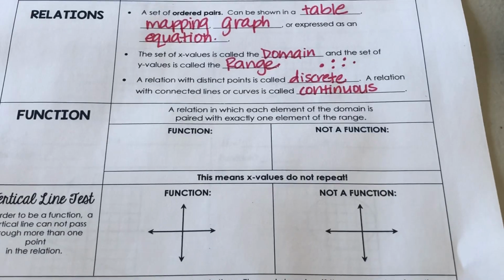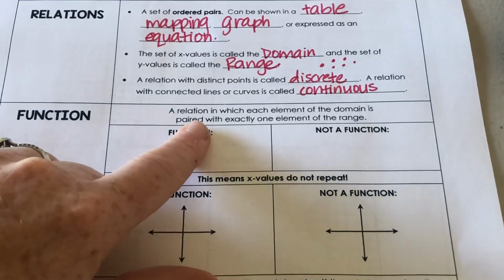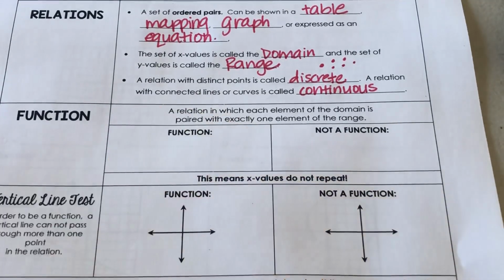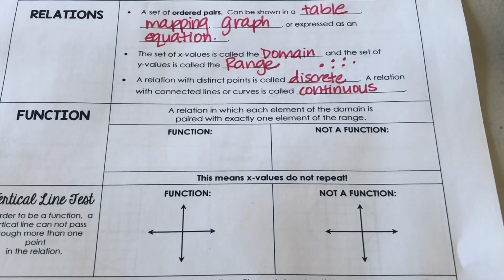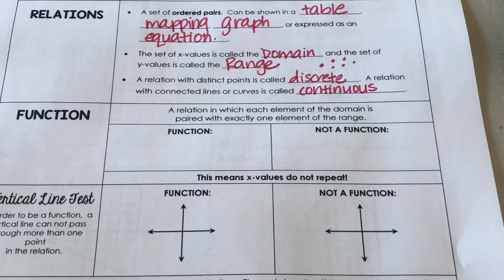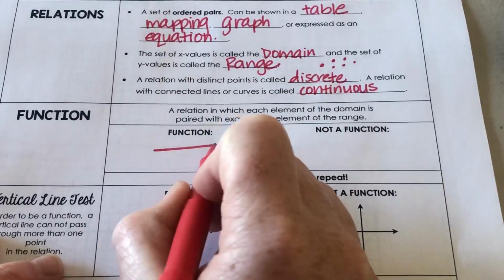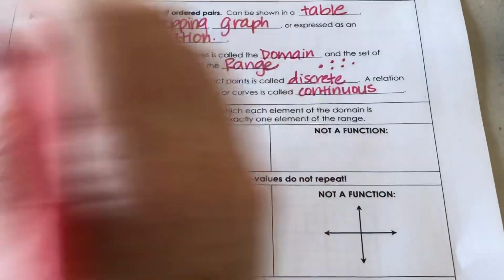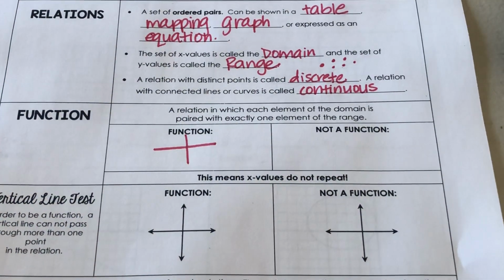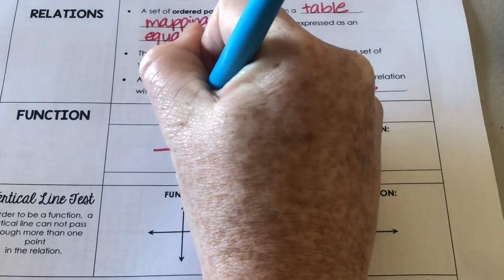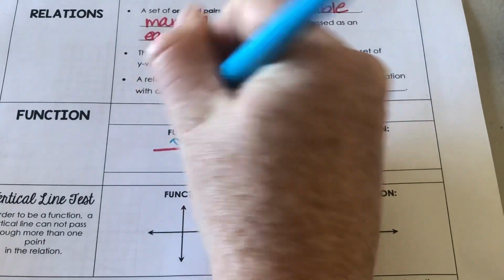So a function happens when you have a relation in which each element of the domain is paired with exactly one element of the range. Okay, so there's a lot of different functions, but here's an example. A parabola would be a function.